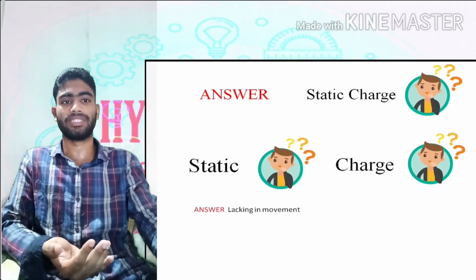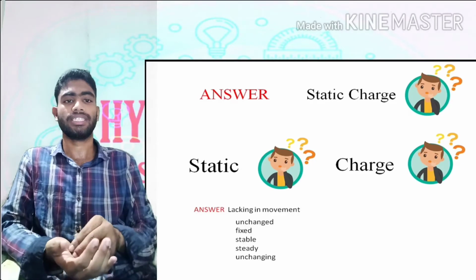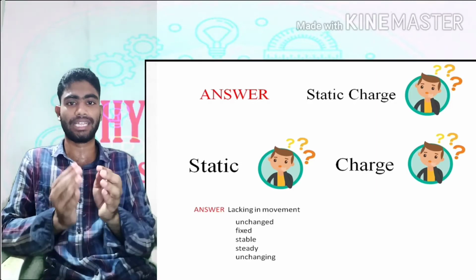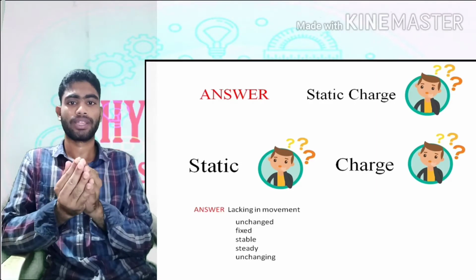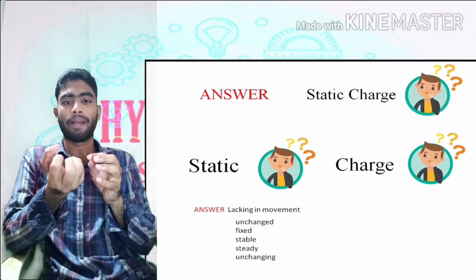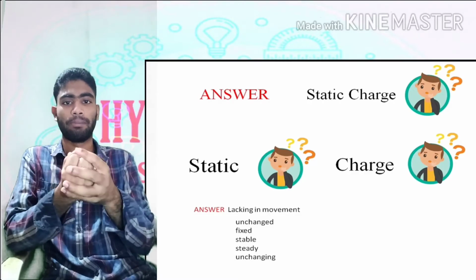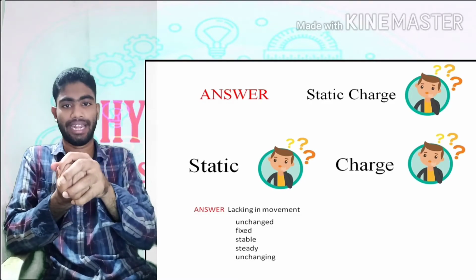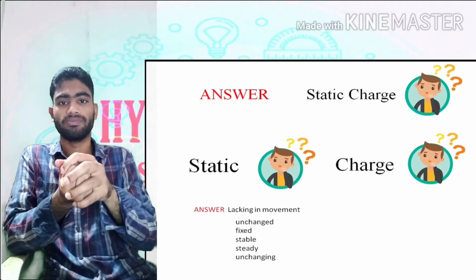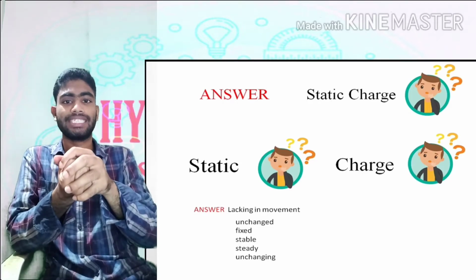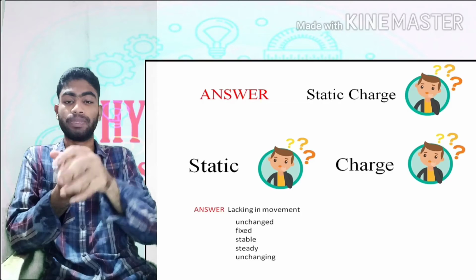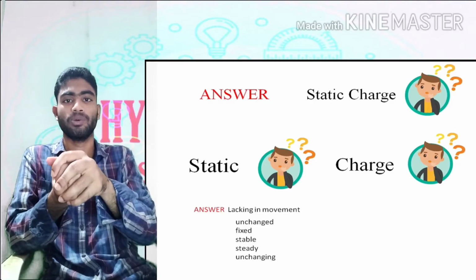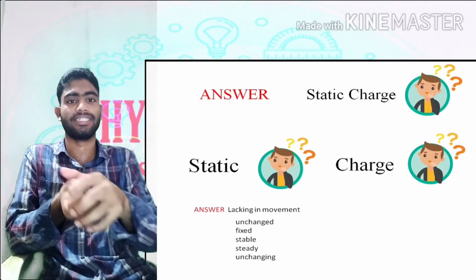These are some synonyms of static. If I put something in my hand and fix it, it cannot move, which means it became static. It is fixed and cannot move, so we say it is static.